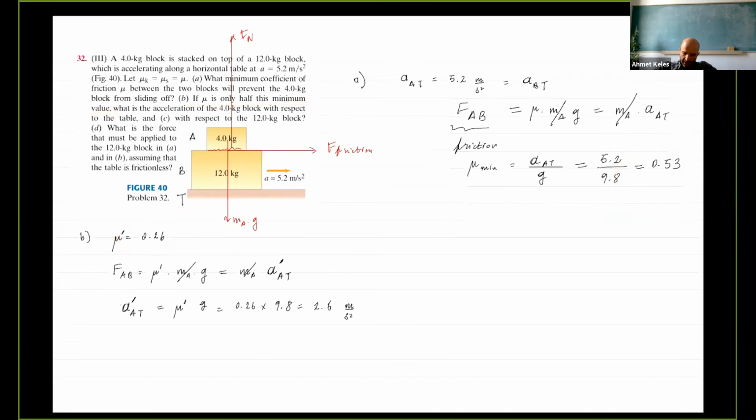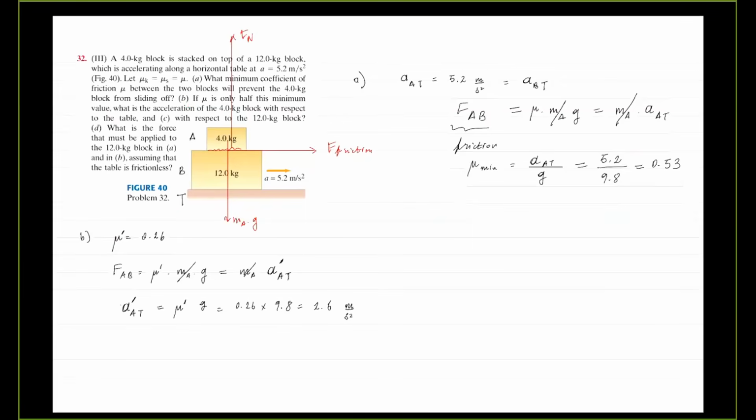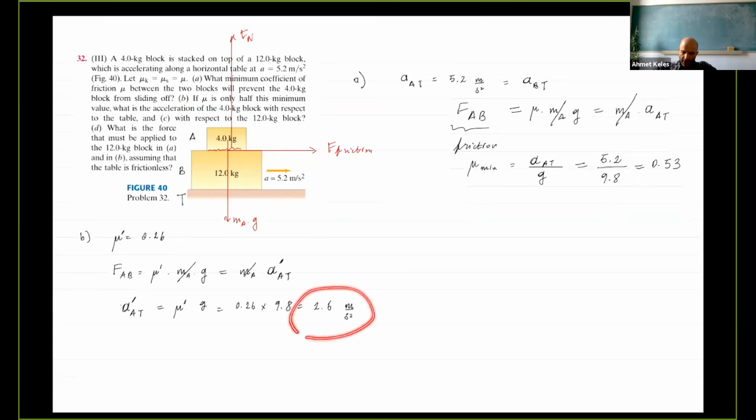Let me think. Because the acceleration of A is proportional to mu. Yes, I think you can say that for this case. I think you are correct because it seems to be working, right? This is 2.6 and it used to be 5.2, so it's half. That's correct.